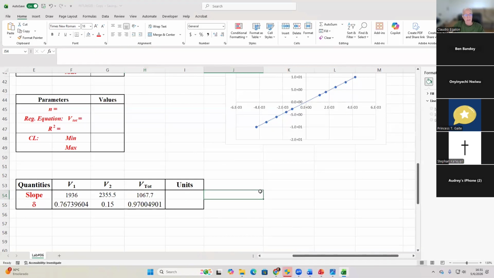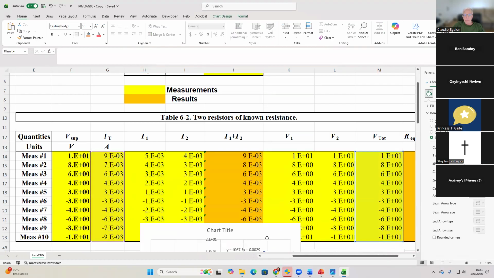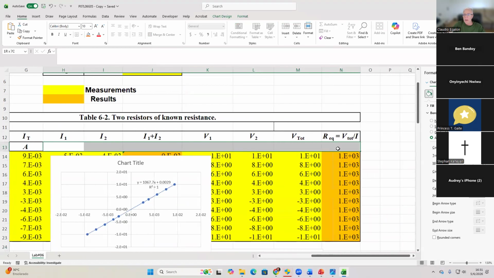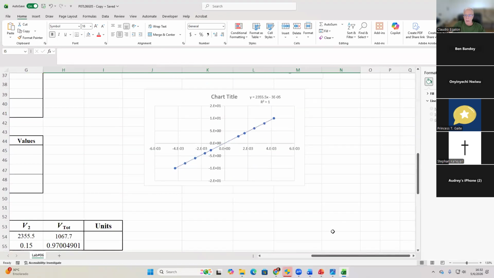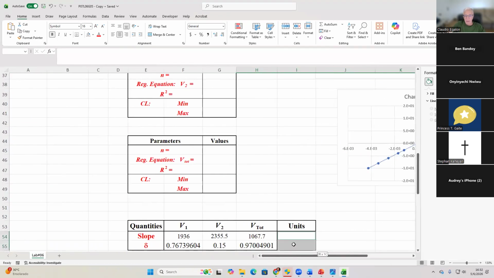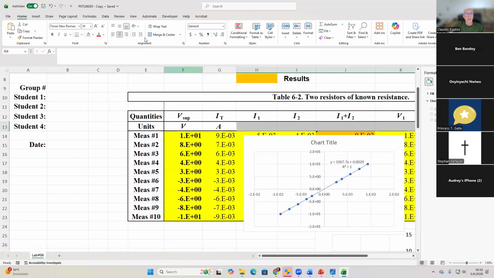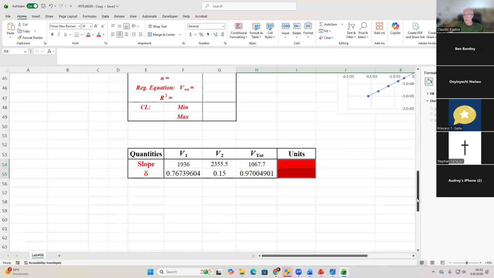12:31. We still have 20 minutes to go. Don't forget to put all the units here. Unit here, unit here, unit here. Yeah, those are all the units you have to worry about. I'm putting them all in red.